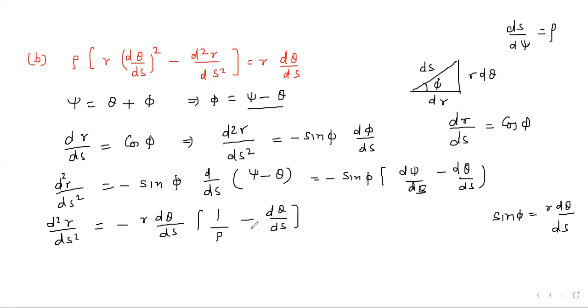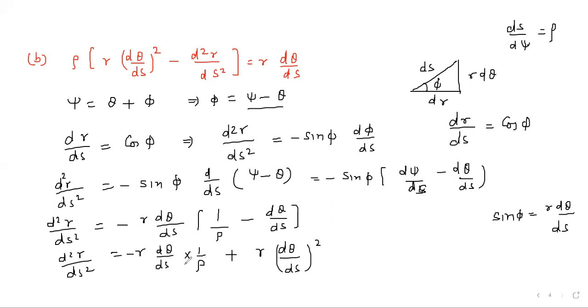Now we can write it further. This will become minus r d theta by ds times 1 upon rho plus r times d theta by ds whole square. This is d2r by ds2.